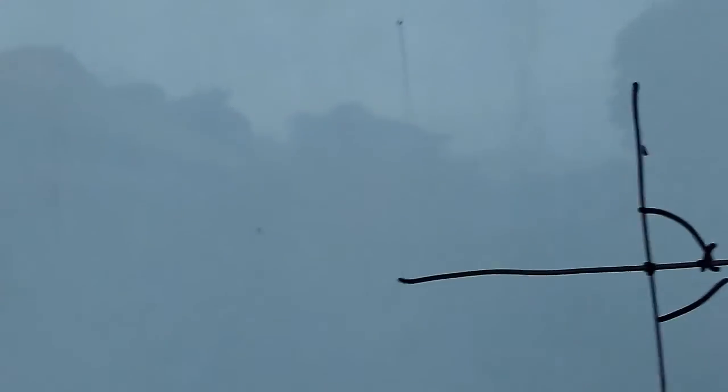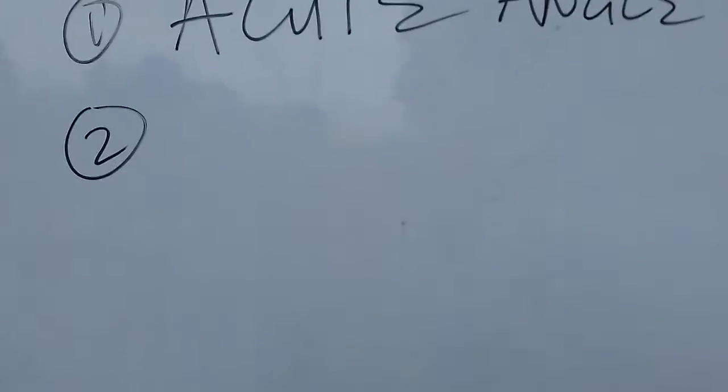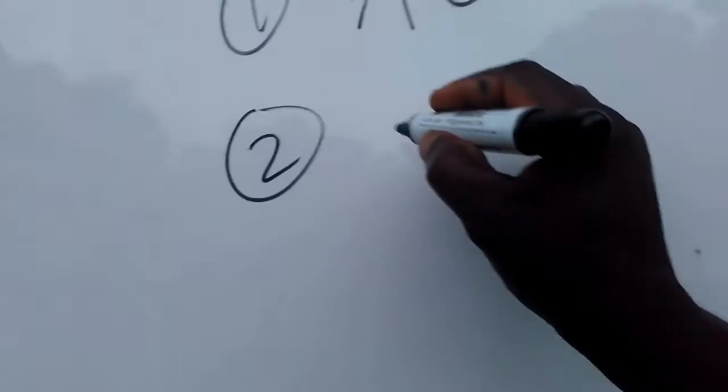Then we have four different types of angle. We have one, the acute angle. Two, we have the obtuse angle.